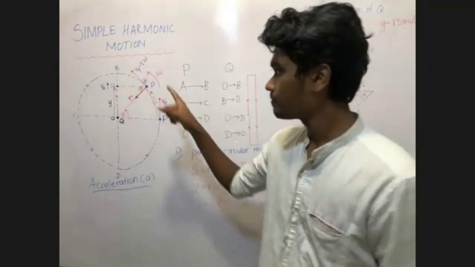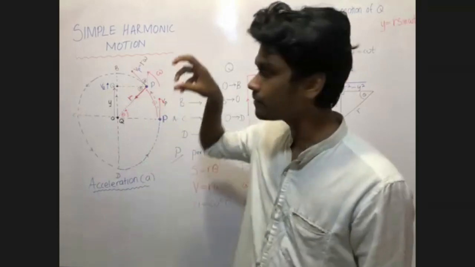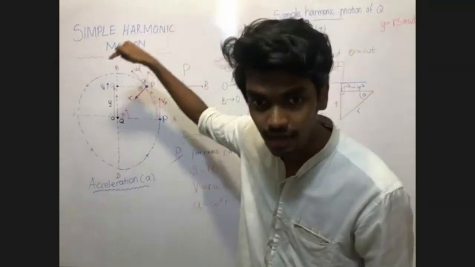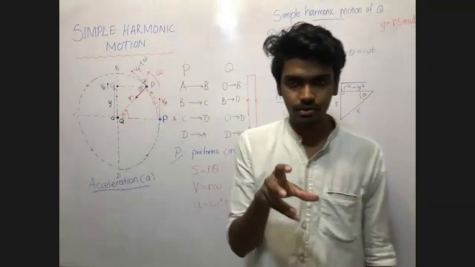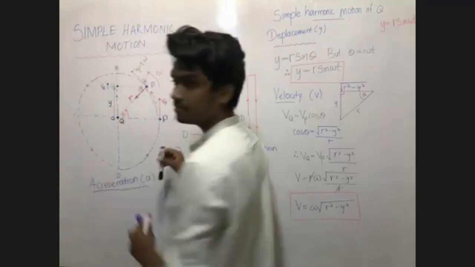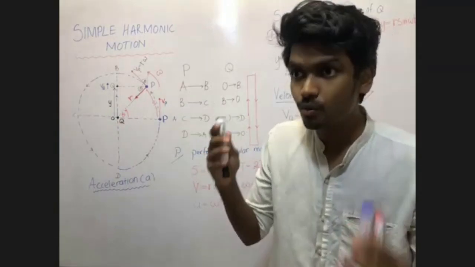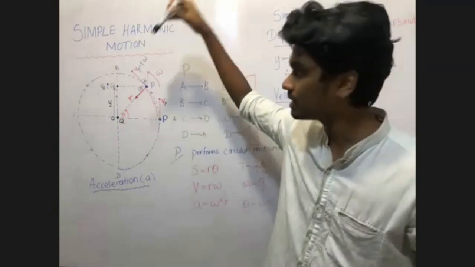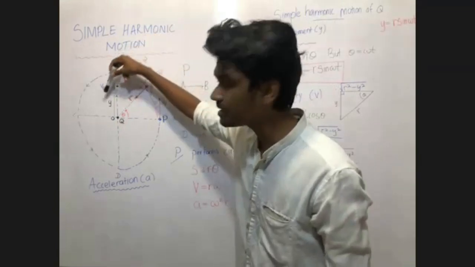We need to see what factor of the acceleration of P affects Q, because both are moving together at the same time. We need to see what factor of the acceleration of P is affecting the acceleration of Q.